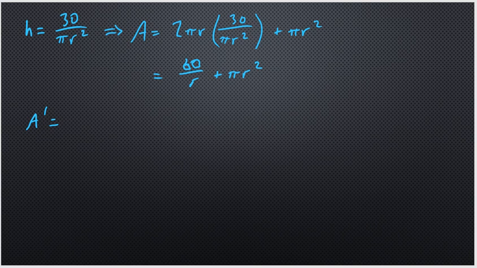The derivative is negative 60 divided by r squared plus 2 pi r. Set this equal to 0 and solve for r. We can add the 60 over r squared onto both sides.